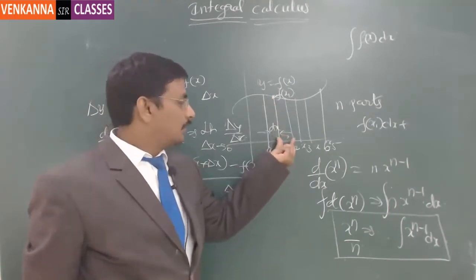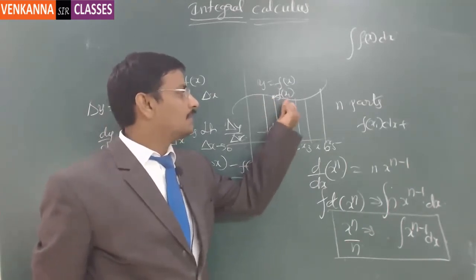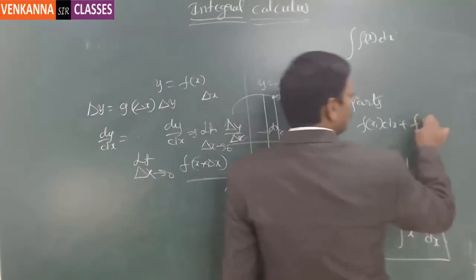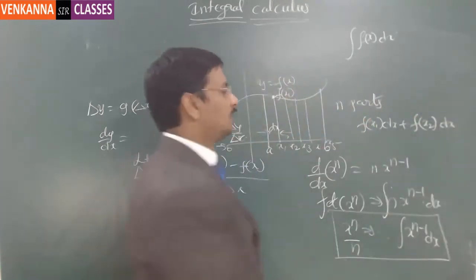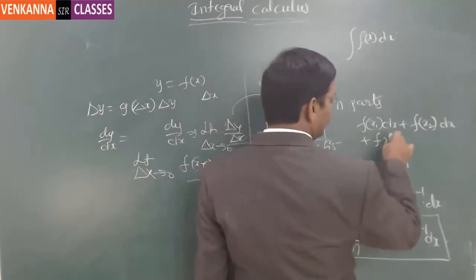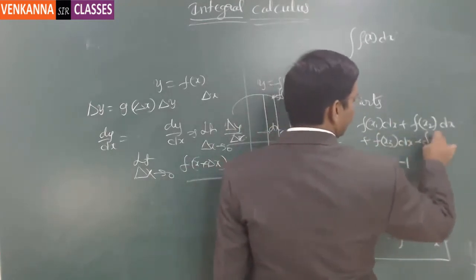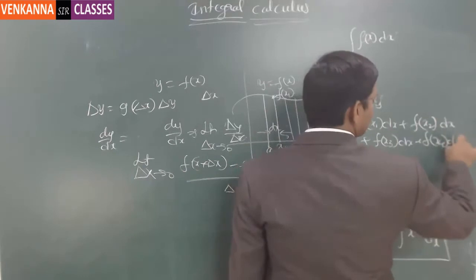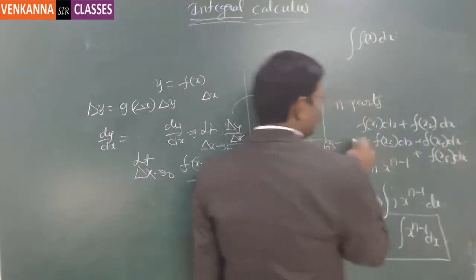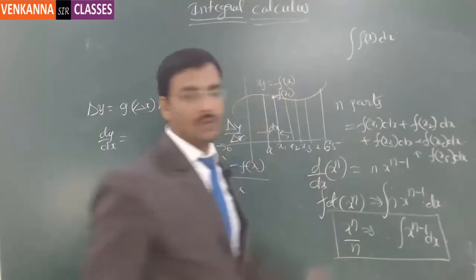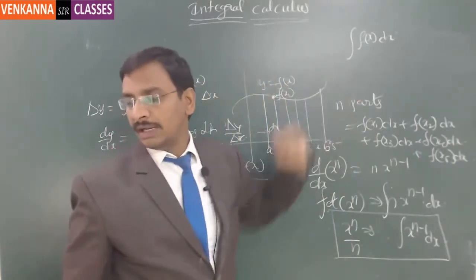Similarly, the same dx is getting multiplied by the function value at this point, that is f of x2 into dx. Similarly, f of x3 into dx plus f of x4 into dx plus f of x5 into dx. All the sum together, we have given a definition called integral.